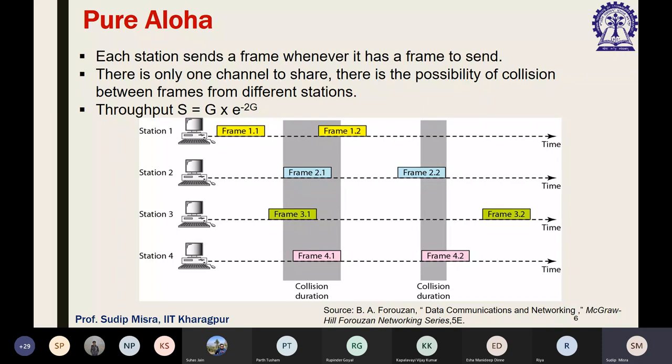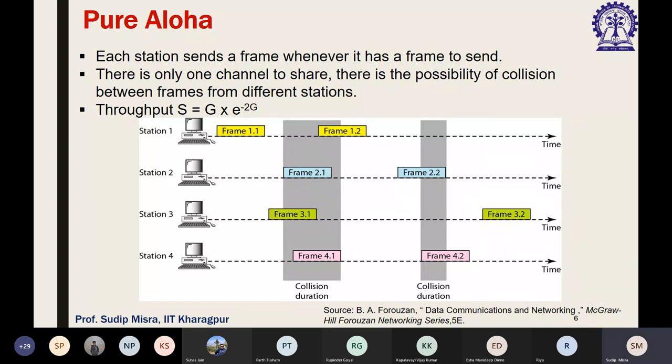If the acknowledgement doesn't arrive at the sender end from the receiver within a certain duration of time, which is also called the timeout time, the station, the sender, will assume that a collision has happened.